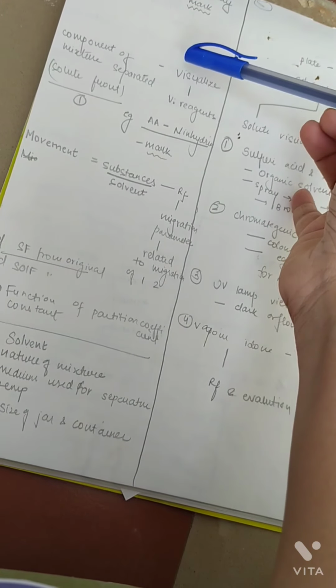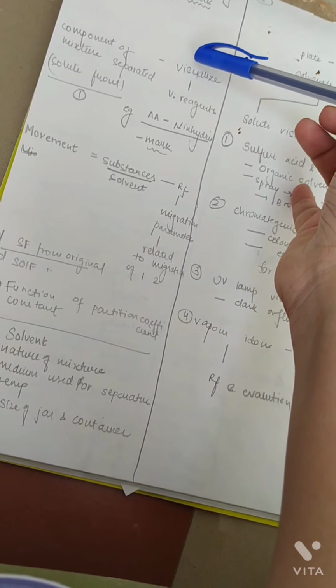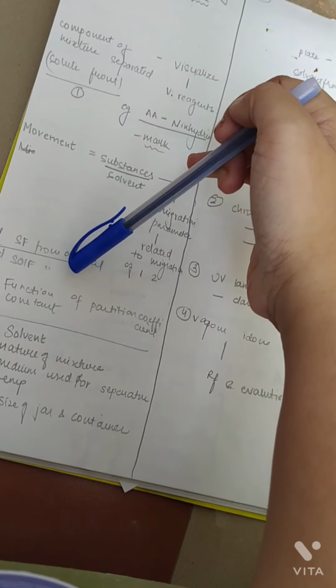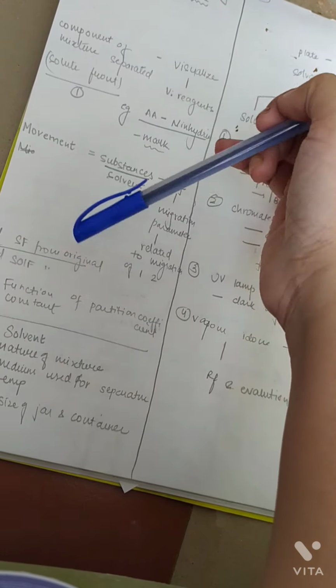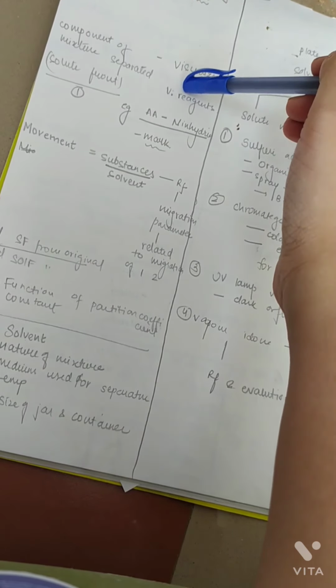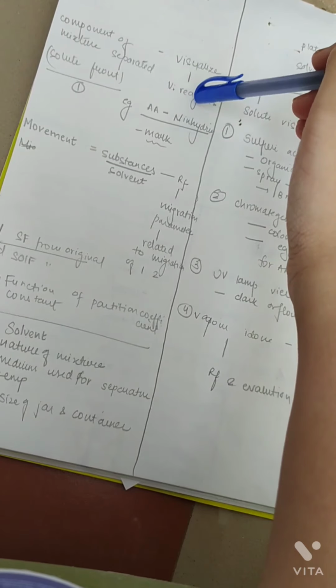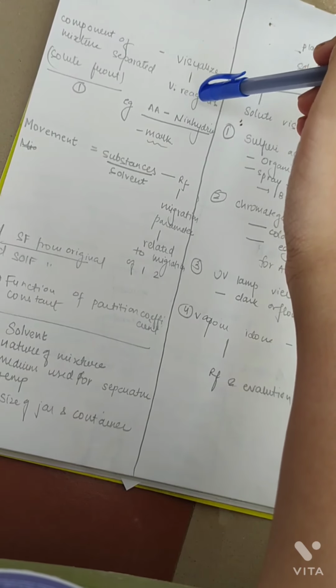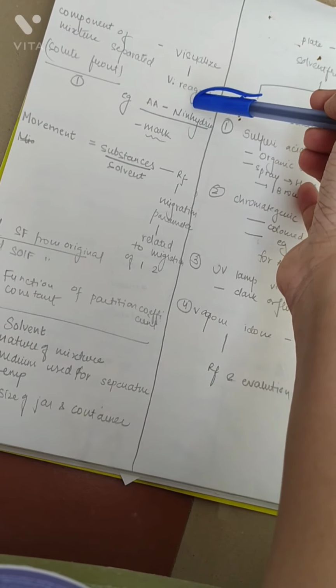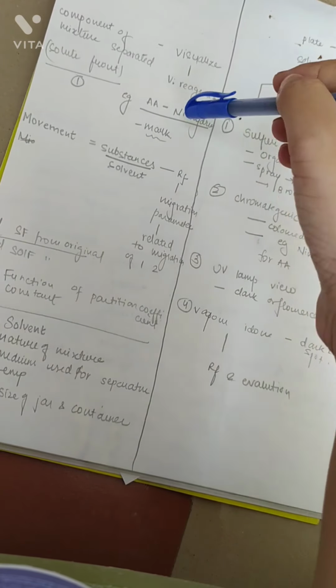Then we have to measure the solvent front from the origin, which we'll discuss later. But before that, for some chromatographic substances we need certain reagents for visualization of the bands. For example, for amino acids, ninhydrin is used.